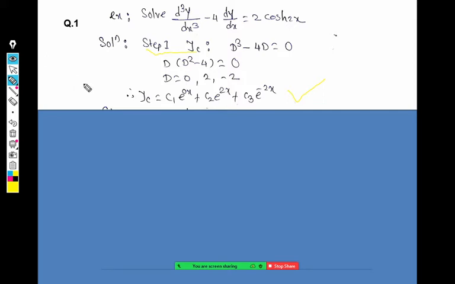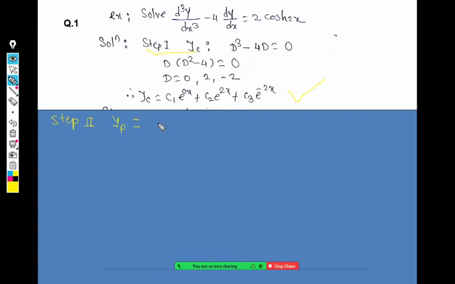So if I say here, step 2, and say yp. For the method of undetermined coefficients, we are taking a trial yp. Can anyone guess what should be a trial yp? Last session we discussed it, no one is getting it.